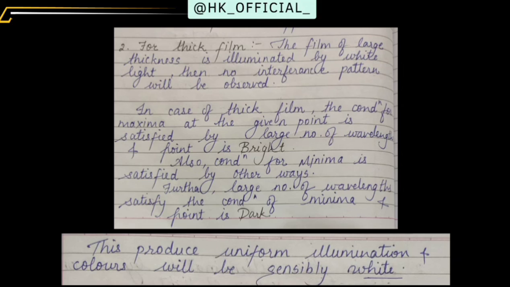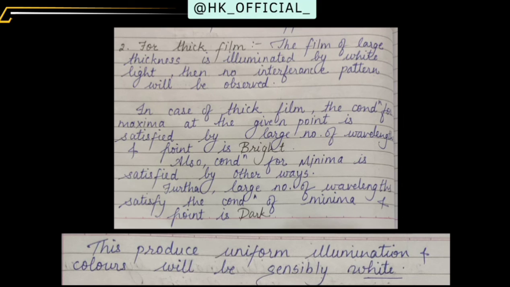If a film of large thickness is illuminated by white light, then no interference pattern will be observed. So if there is a thick film and we give white light to it for getting an interference pattern, it is impossible, because we cannot see any interference pattern over it. In case of thick film, the condition of maxima at the given point is satisfied by a large number of wavelengths and the point is bright.